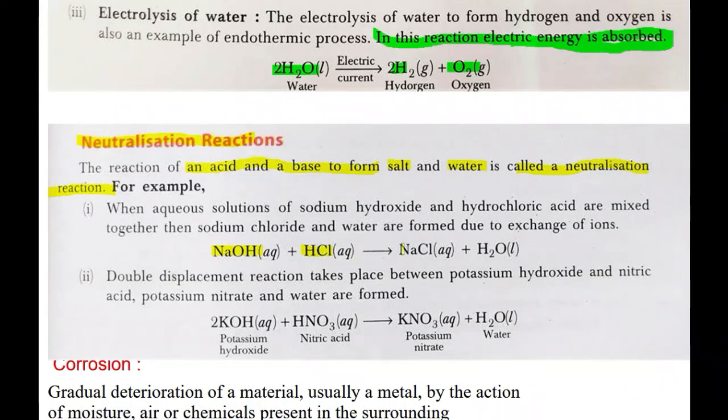It forms sodium chloride, which is a salt, and water. In the next example, potassium hydroxide, which is a base, reacts with nitric acid, HNO3, and forms potassium nitrate, which is a salt, and releases water. So any reaction in which an acid reacts with a base and forms salt and water is called a neutralization reaction.